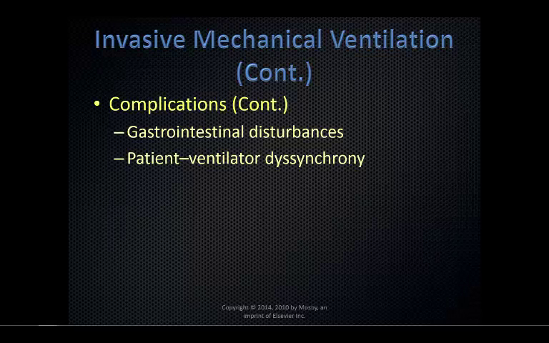Vomiting can occur as a result of this, and hypomotility and constipation may also occur as a result of the immobility of the patient, since they are often on paralytics and sedatives and analgesics.